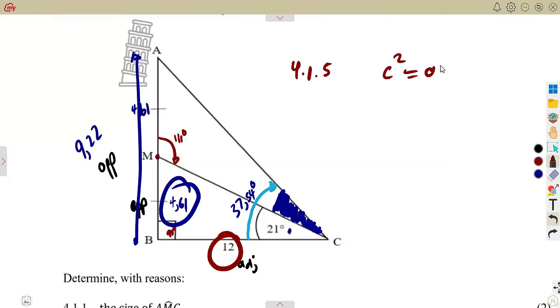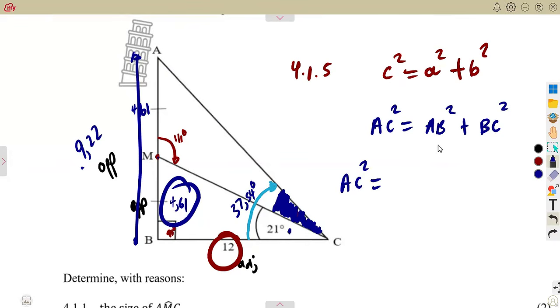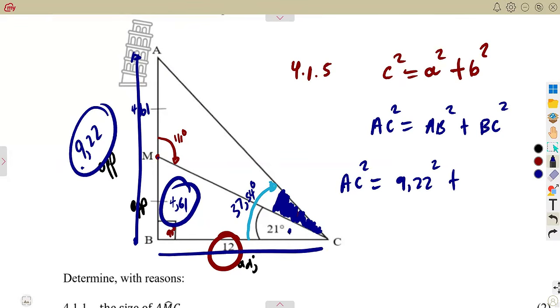C squared is equal to A squared plus B squared, where C is the hypotenuse. So it follows that AC, which is the hypotenuse, squared is equal to the sum of the squares of the shorter sides. There we have AB and BC. So AC squared is equal to AB squared plus BC squared. AB we are given as 9.22 squared, plus BC, which we are also given as 12 squared.